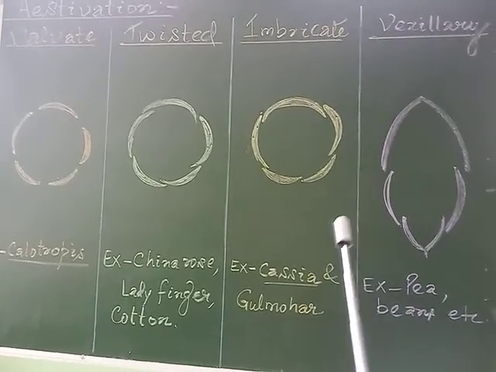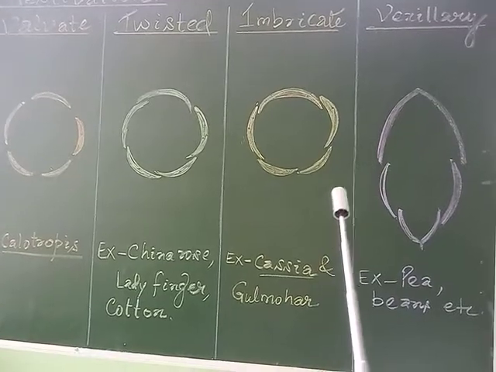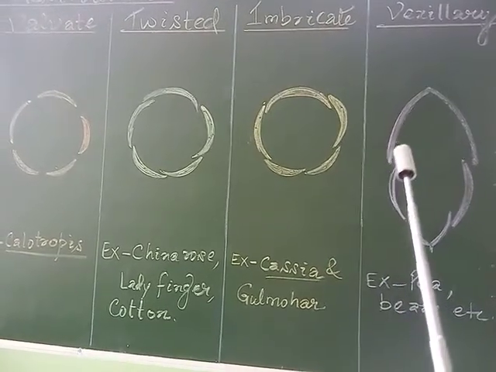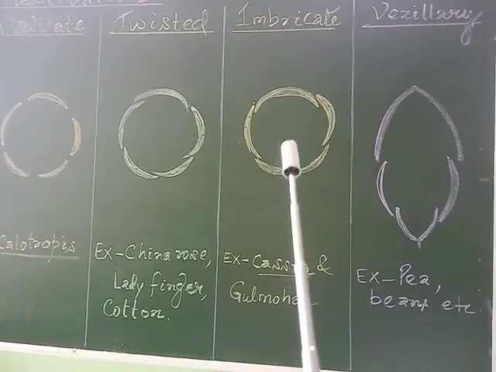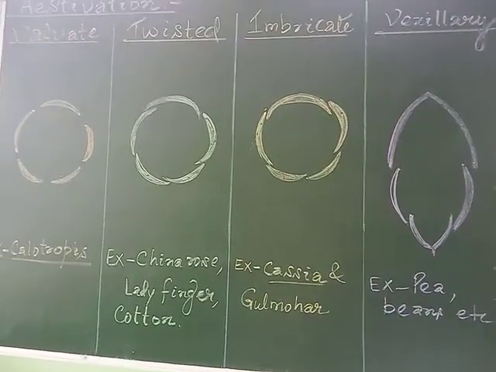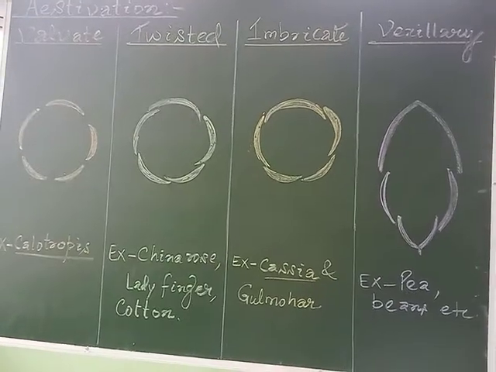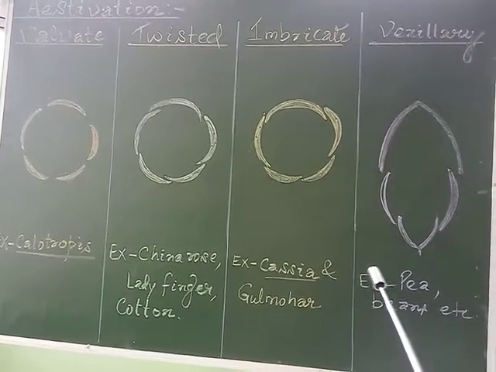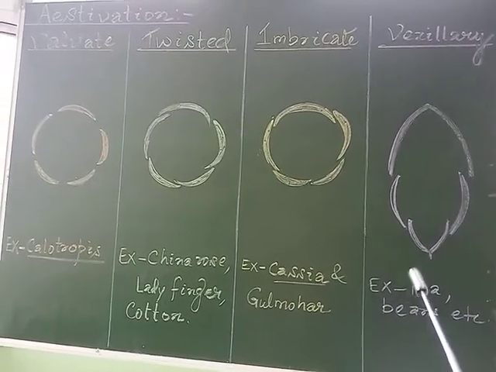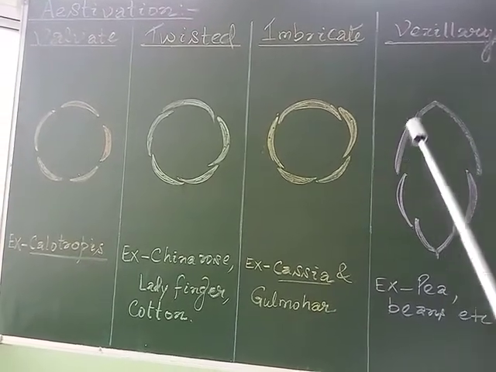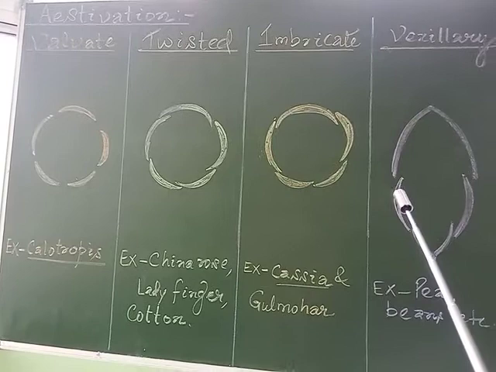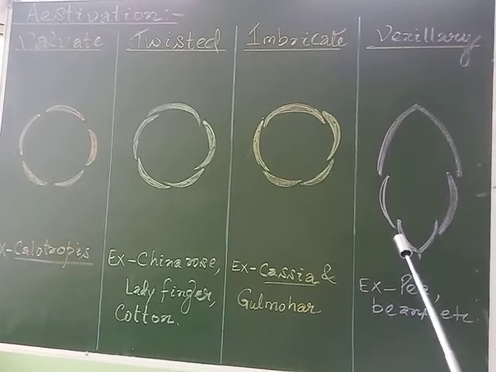These are the 5 petals, and the larger or the standard one, this is the larger petal. So in the case of pea or beans, we may observe there are 5 petals.